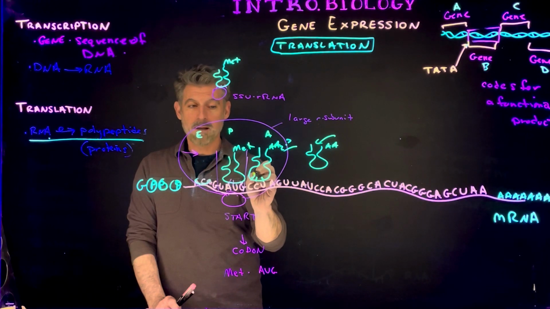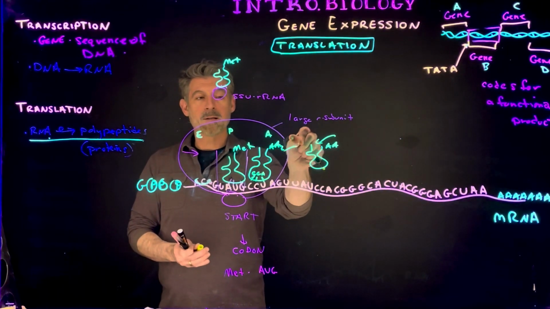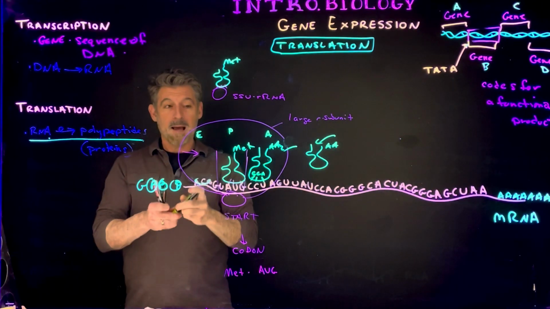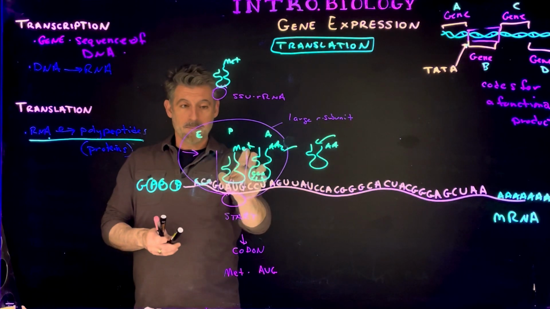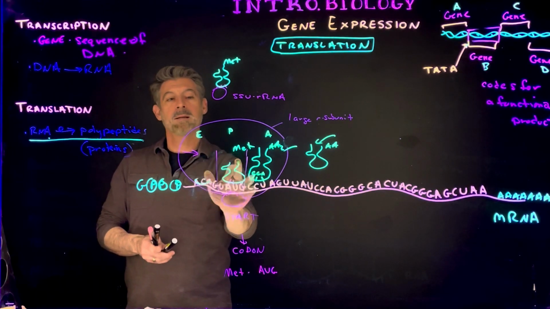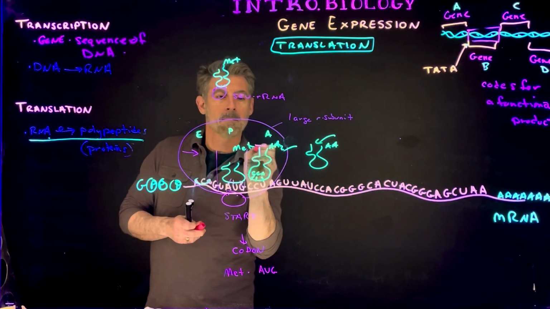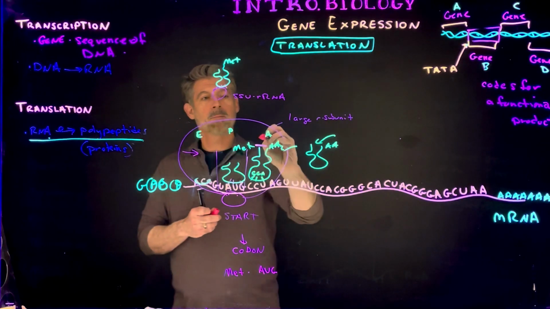And if this one had GGA, then that means it's correct and it would stay there. And yes, this would be amino acid number 2. And so what would happen is this enzyme, or this ribosomal subunit, would cut away methionine from this transfer RNA, and it would make a peptide bond.